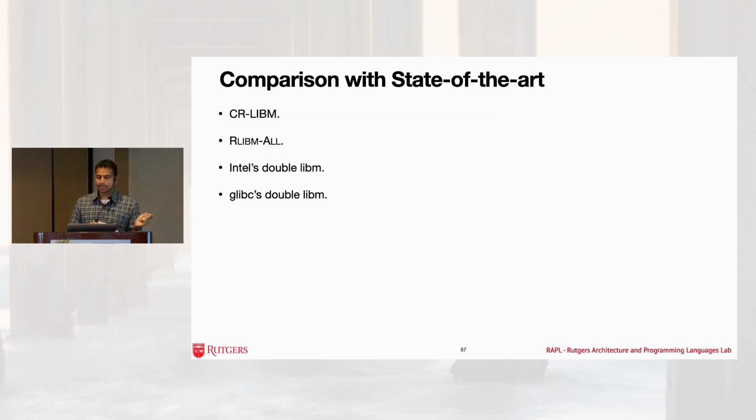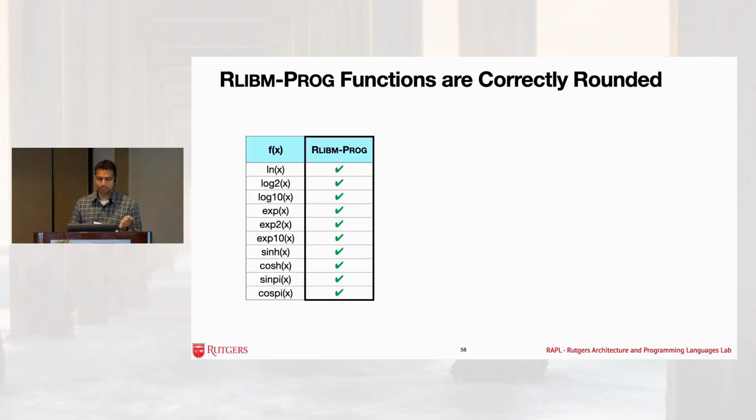We compared RLIBM-PROG against CRLIBM, RLIBM-ALL, Intel's DoubleLIBM, and glibc's DoubleLIBM. RLIBM-PROG produces correctly rounded results for all full floating point representations from 10-bit to 32 bits for all rounding modes. Here we are only showing the results for the 32-bit floating point format with all standard rounding modes.